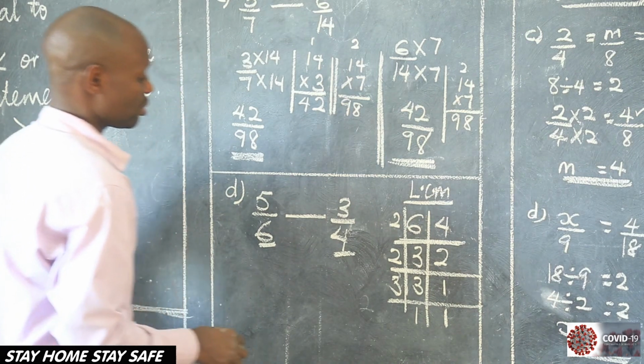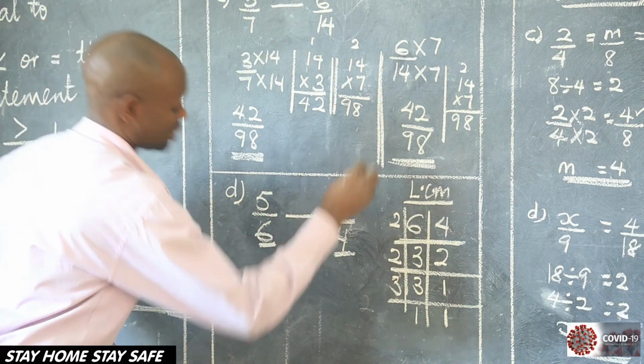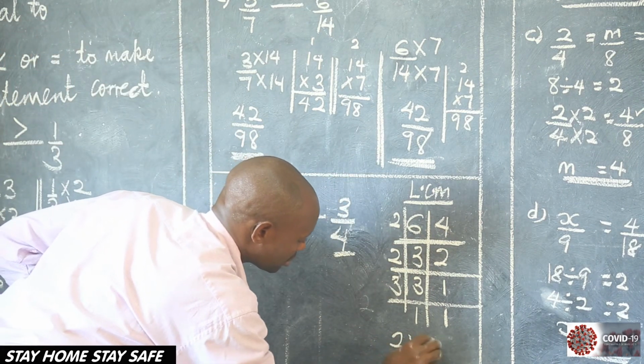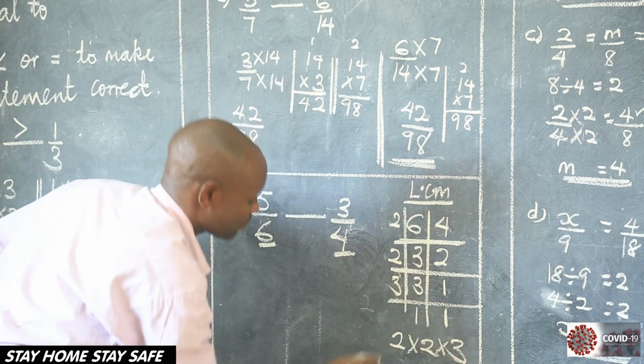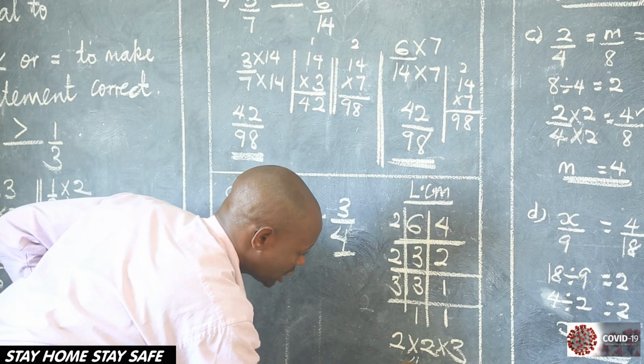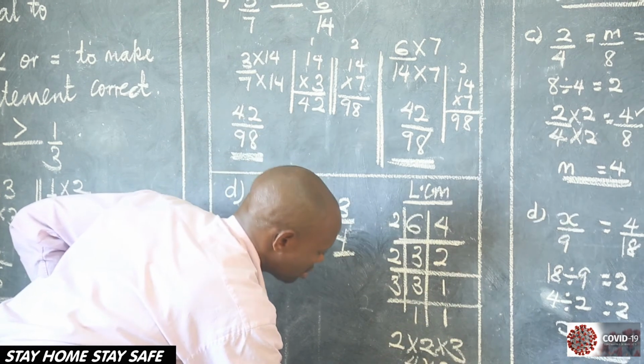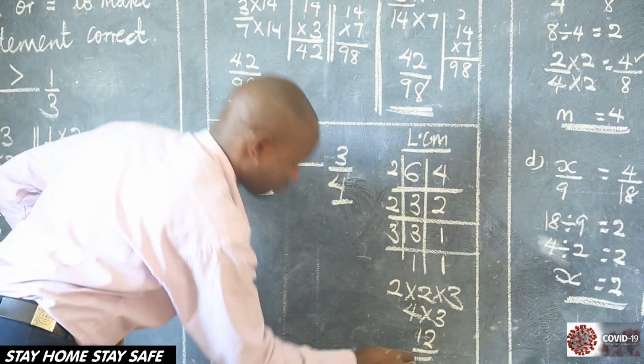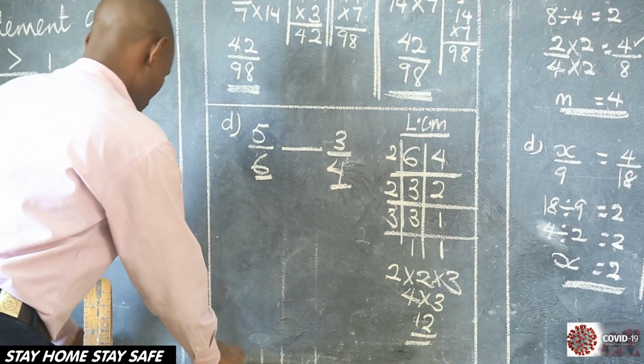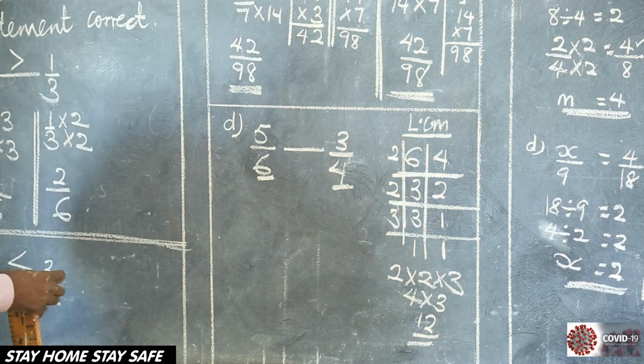So to get the LCM, we shall multiply these factors. 2 times 2 times 3. 2 times 2, we are getting 4, and 4 times 3, we are getting 12.